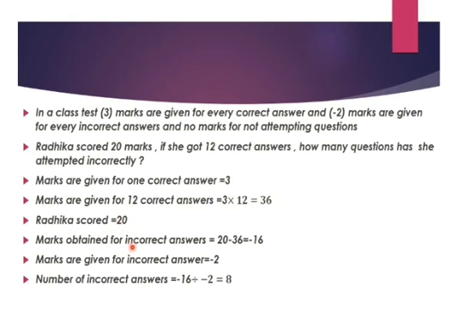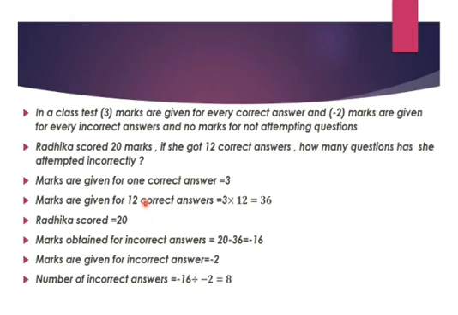Then the marks obtained in incorrect answers is 20 minus 36, which is minus 16. That is the total marks in incorrect answers. For 1 incorrect answer it is minus 2. Then the number of incorrect answers is minus 16 divided by minus 2. Both of them are negative, so we get a positive answer. 16 by 2 is 8.